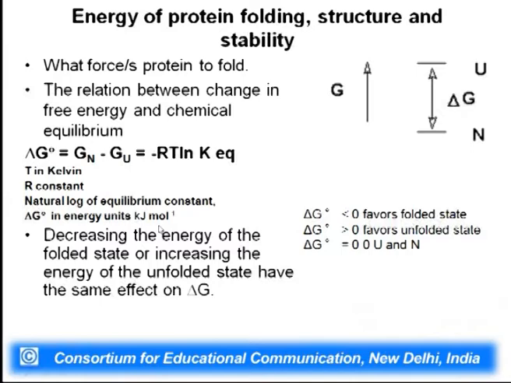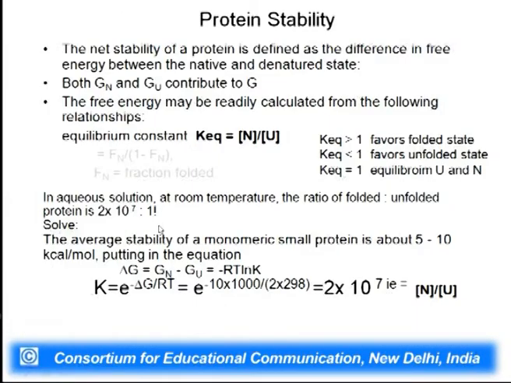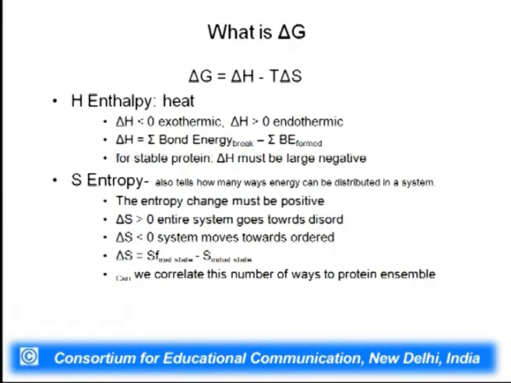So, first we should understand with this equation what is the Gibbs free energy and what are we talking about and which direction we want it to go. So, H is the enthalpy, which is the heat of formation or breaking of bonds.